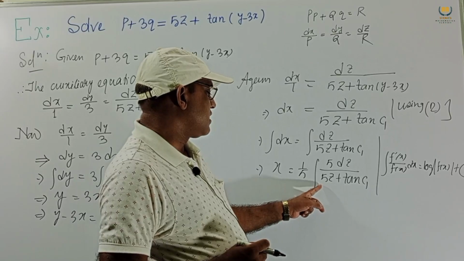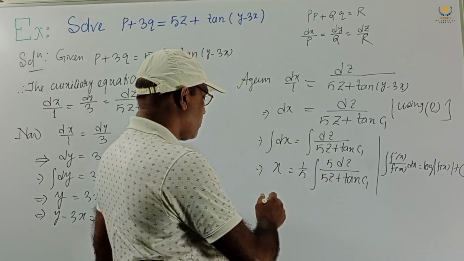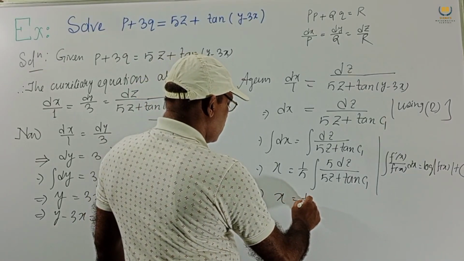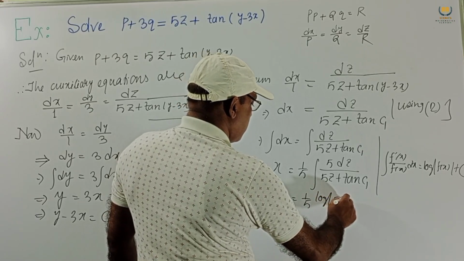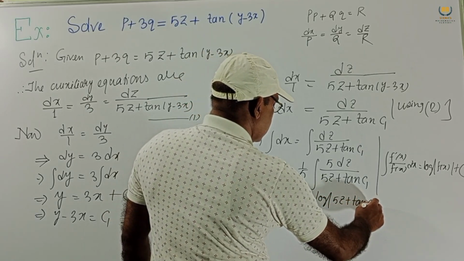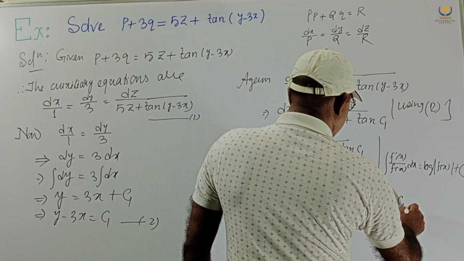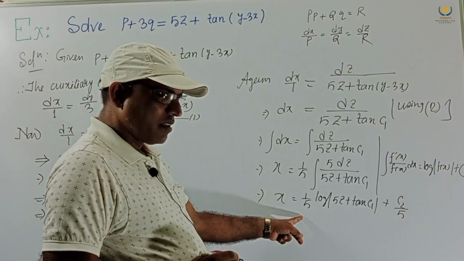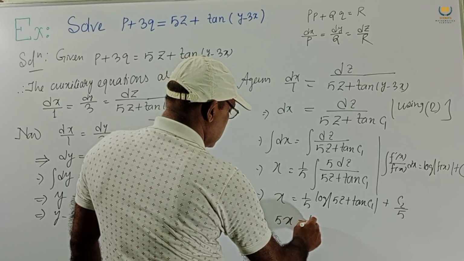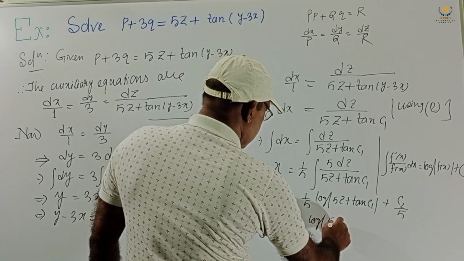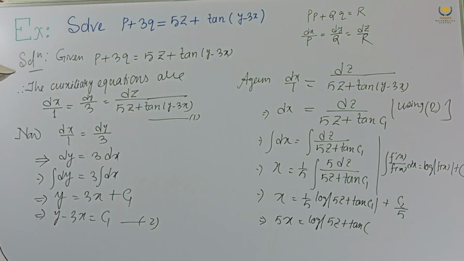So if we differentiate this, we get 5, and the other is 0, we get 5. Differentiation of the denominator is given in the numerator, so we get x equals 1 by 5 log modulus of 5z plus 10 c1 plus c2 by 5. Because where we get 5, we write c2 by 5. Multiplying both sides by 5, 5x equals log 5z plus 10 c1 plus c2. c1 means y minus thrice x.